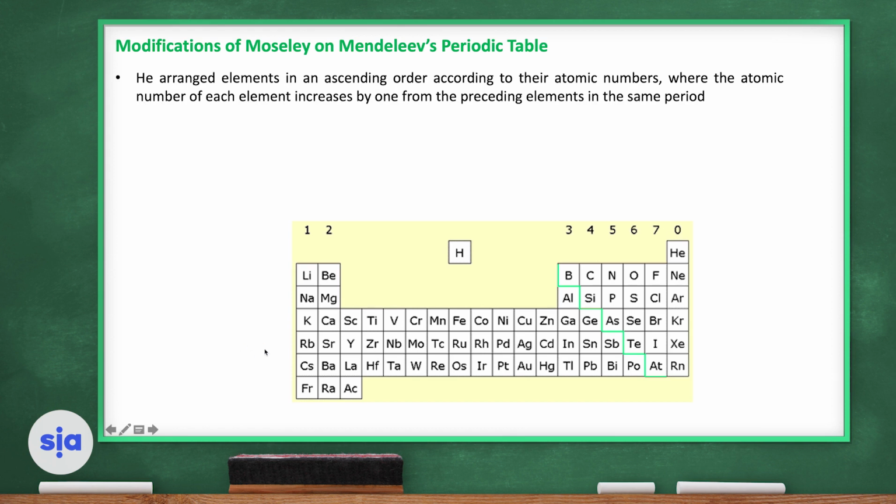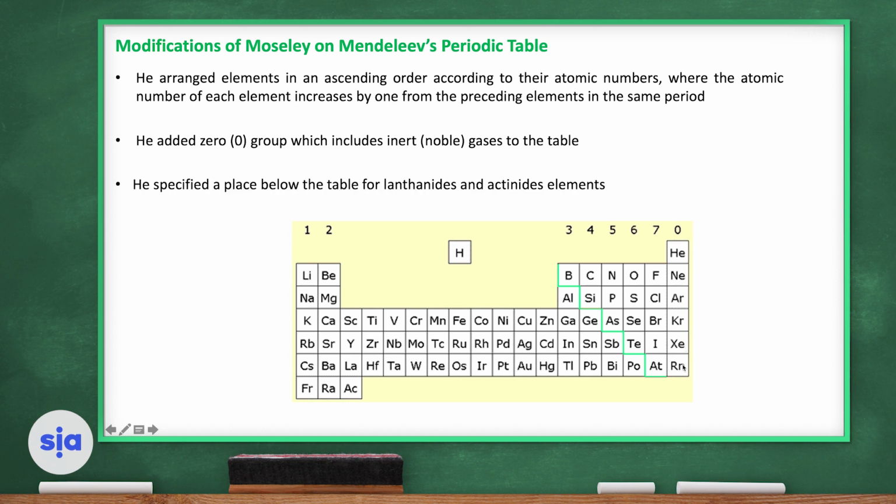He arranged the elements in an ascending order, but according to their atomic numbers, not atomic mass. He added the zero group, which includes the noble gases, to the table. He specified a place below the table for lanthanides and actinides elements.